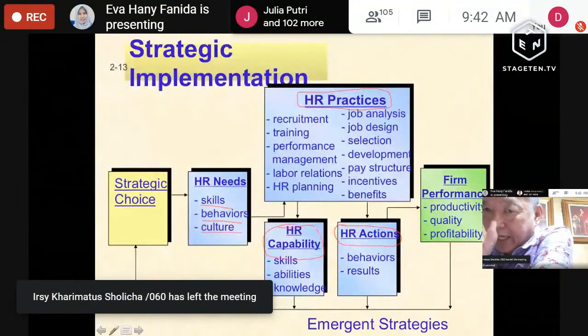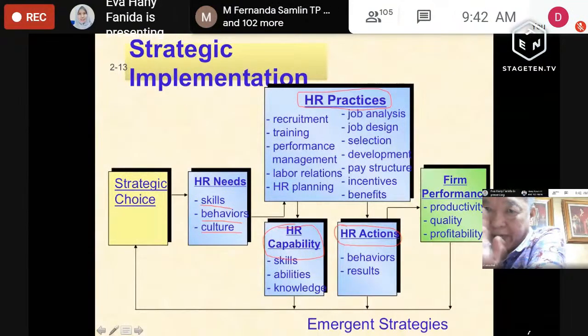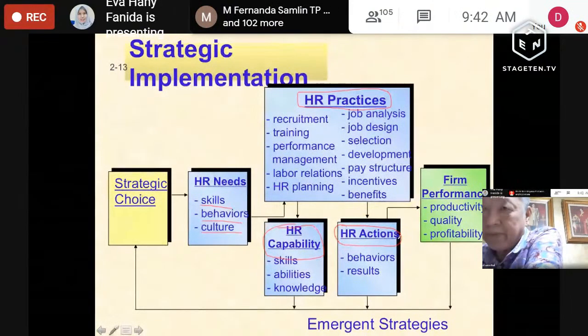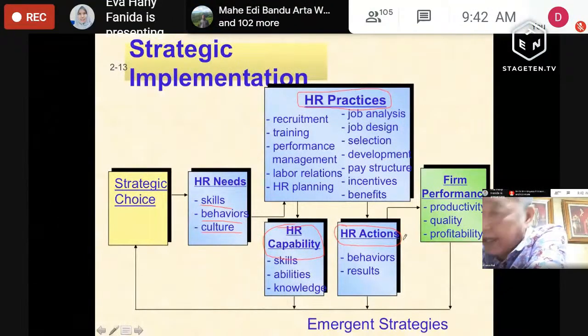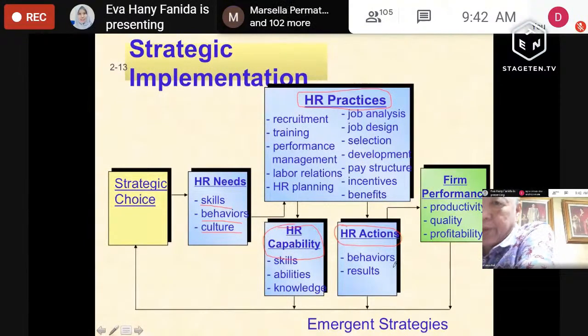However, you have to keep in mind what kind of people you need, what skill, what kind of behavior, what kind of culture you need, and then you employ HR function and HR practice. Then after that, you will receive two things. The people who have capability.